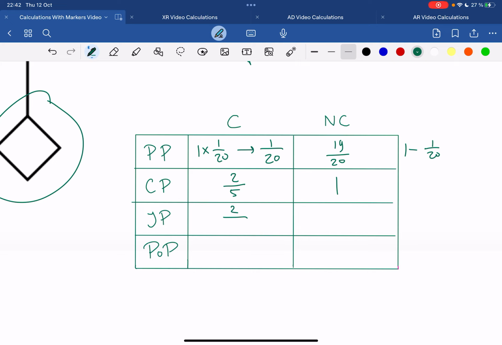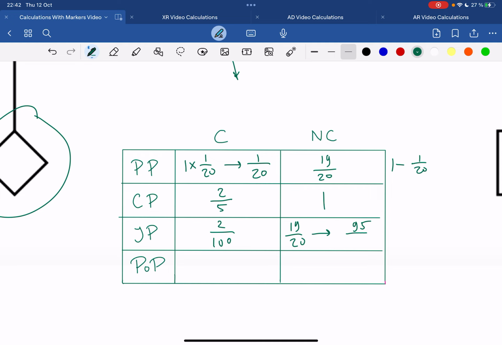Oh, sorry. And here it would be 19/20, which is also equal to 95/100. Let me just double check this with my calculator so I'm not making a mistake. 19 times 5, yeah, 95 over 100.